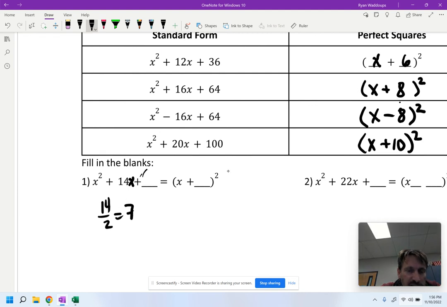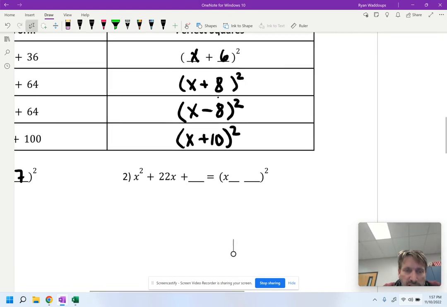And then I would square it to get what I've got there. So 7 squared is 49, so I put 49 here, equals x plus 7 squared.